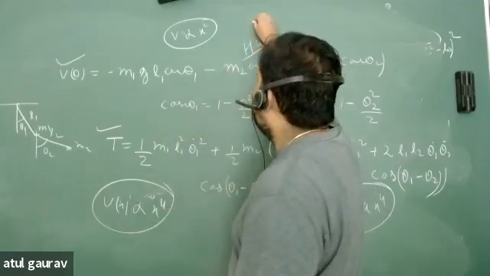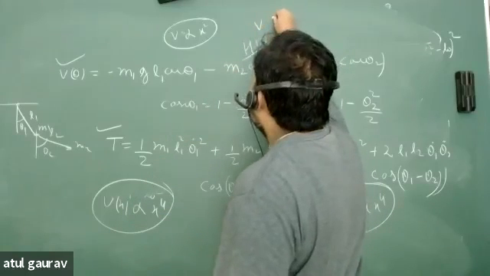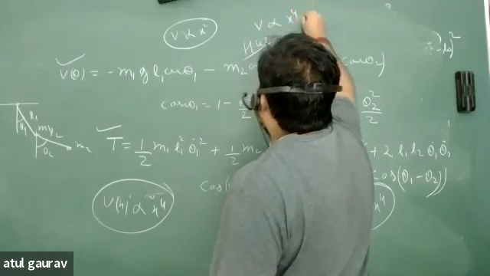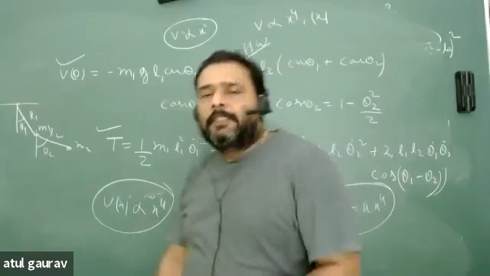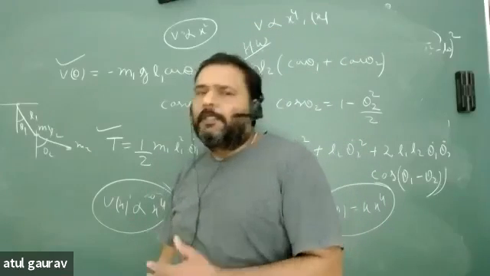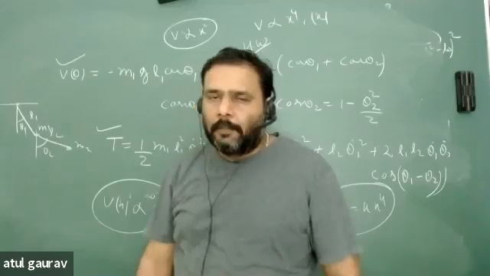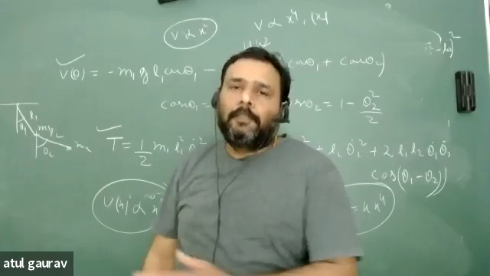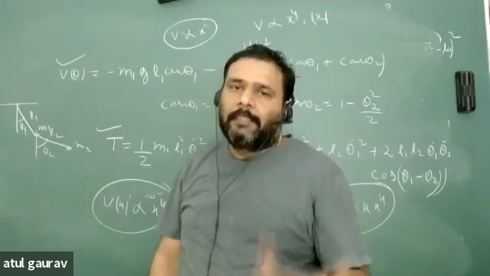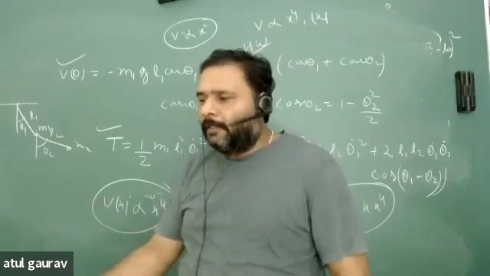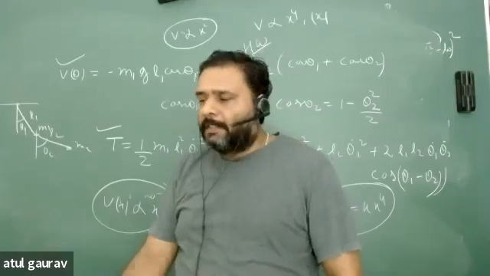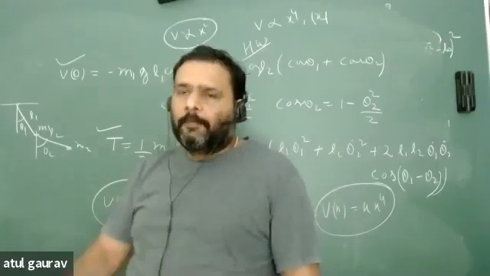But if the potential is something like x4 or even mod x kind of thing, then the frequency will be proportional to energy or amplitude. So obviously, if you have to write the frequency, you have to write it in terms of energy. And if energy is not given, then maybe something is wrong from the question side.